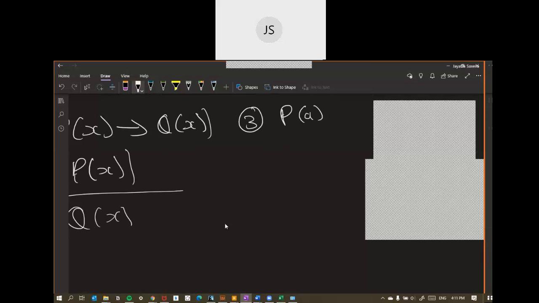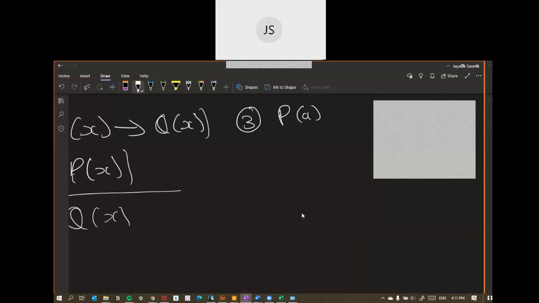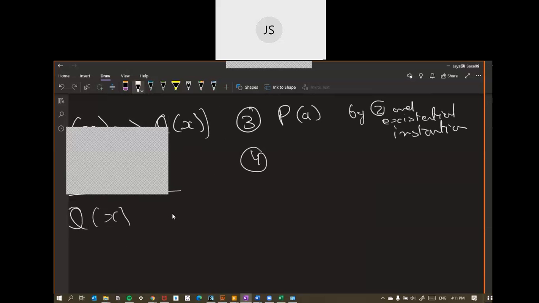And since this is an existential quantifier, we can say that we got this a by existential instantiation, by number 2 and existential instantiation. And once you get this, we can go to 4.